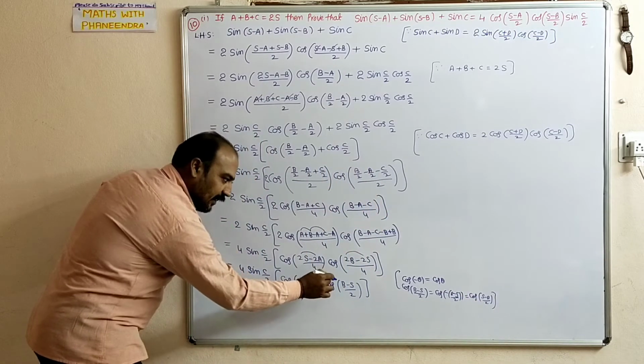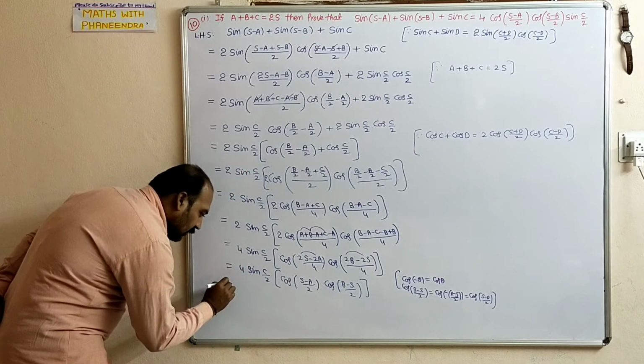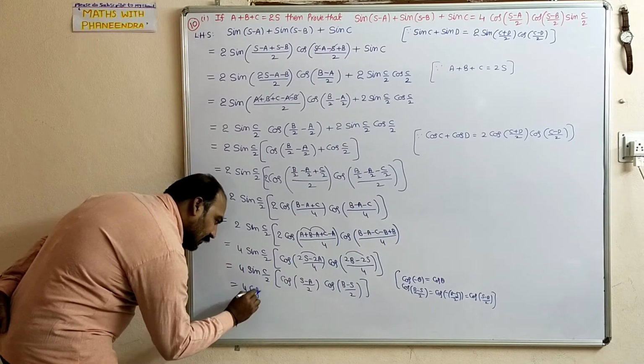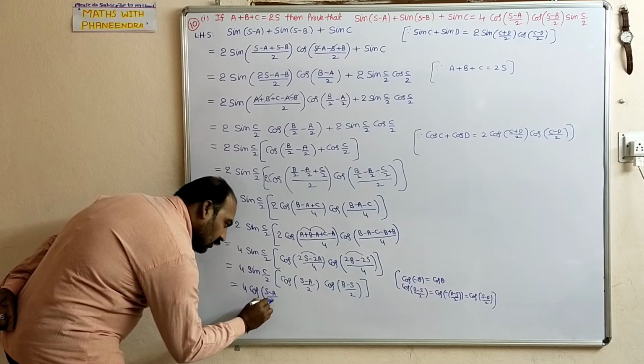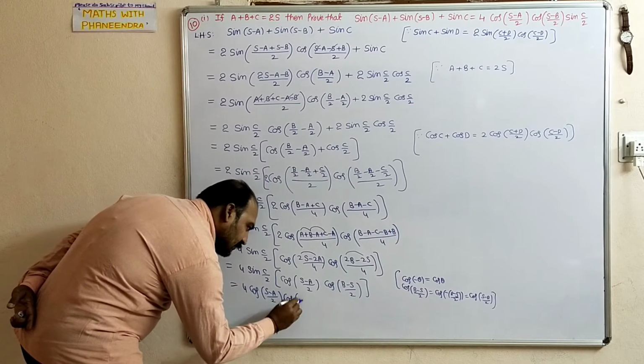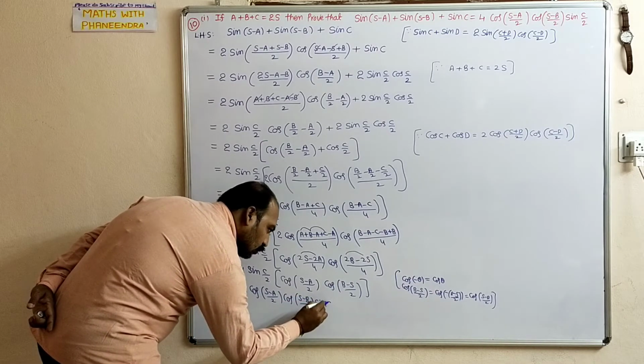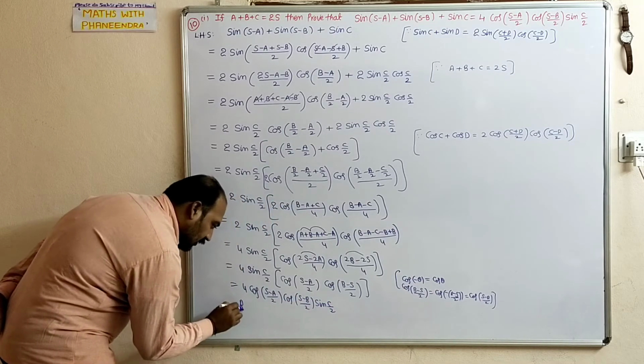Ultimately, we can write RHS as 4 cos of (s minus a) by 2 cos of (s minus b) by 2 into sin C by 2, which is the required RHS.